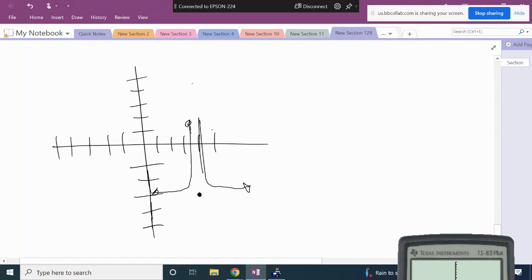I'm trying to get this right. 1, 2, 3, 4. 1, 2, 3.